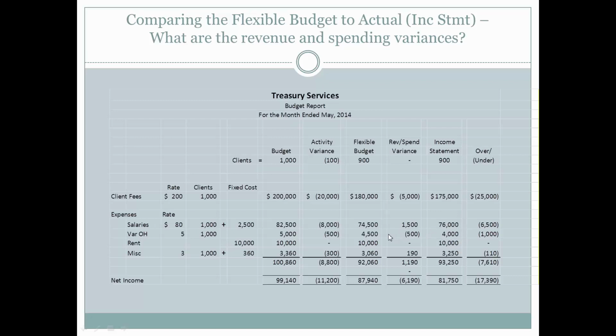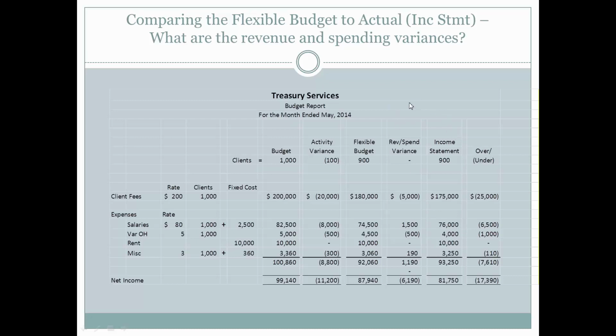So this was lower than it should have been. So this would be considered a favorable variance. Additionally, this should have been $3,060. Instead, it was $3,250. So the fact that this is higher than what it should have been, this would be considered an unfavorable variance.